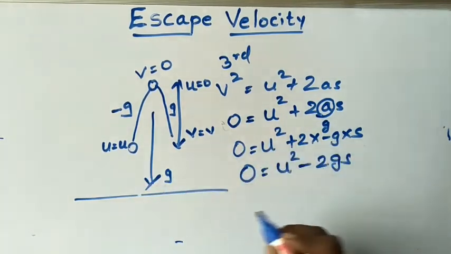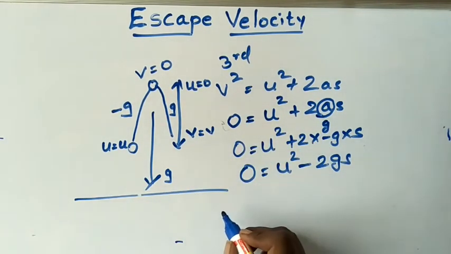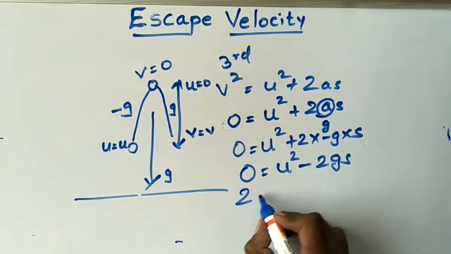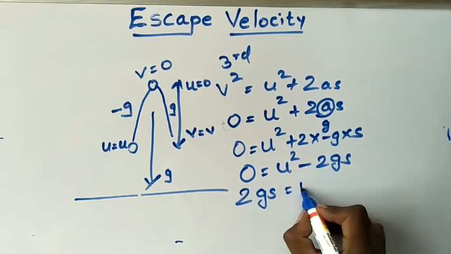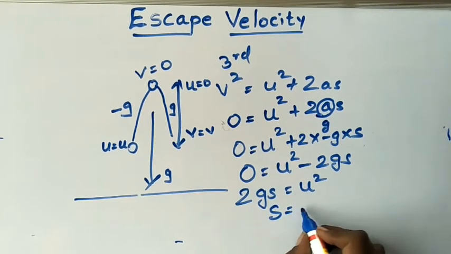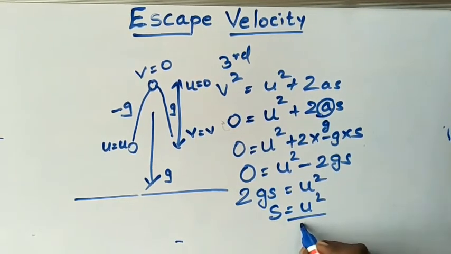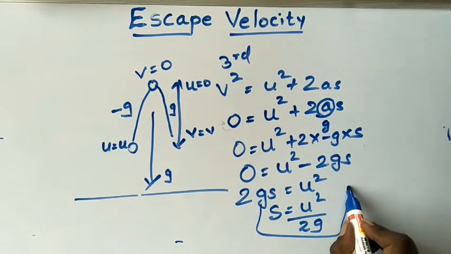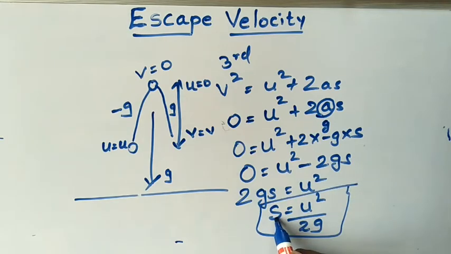Now bring this minus 2gs to this side, it becomes 2gs. So 2gs is equal to u square. That means s is equal to u square upon 2g. Now here, this is the maximum height of the ball. s is the height of the ball.